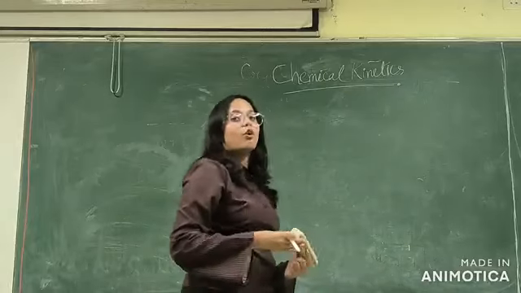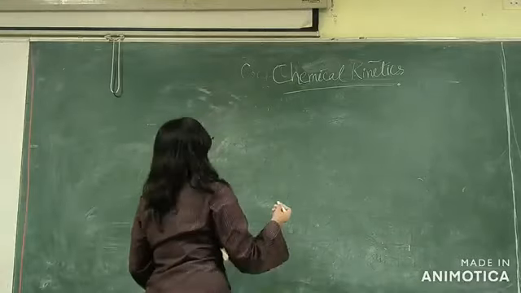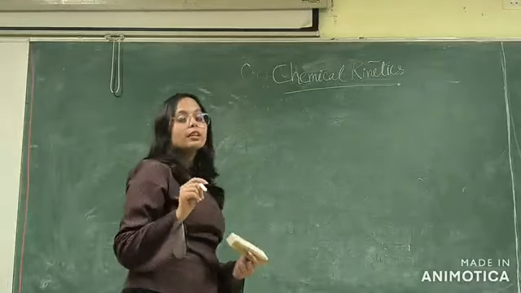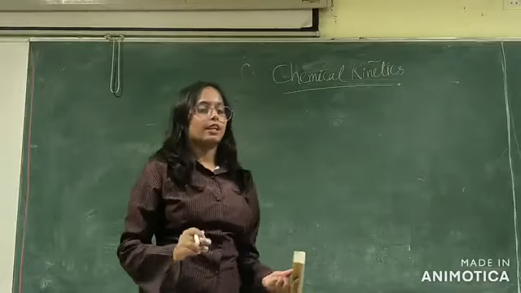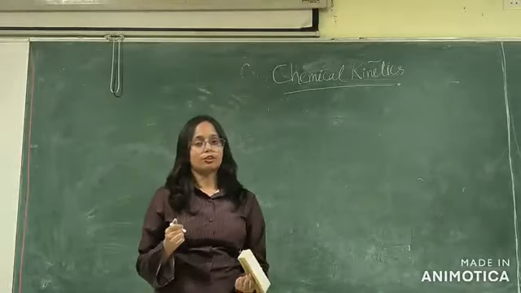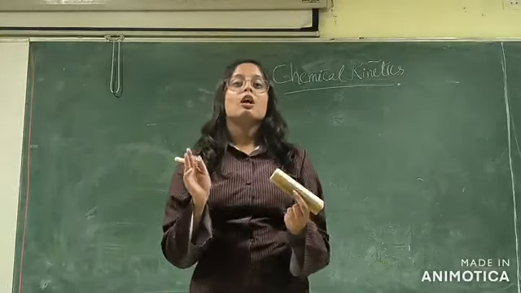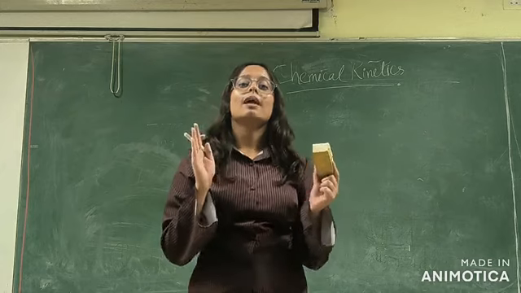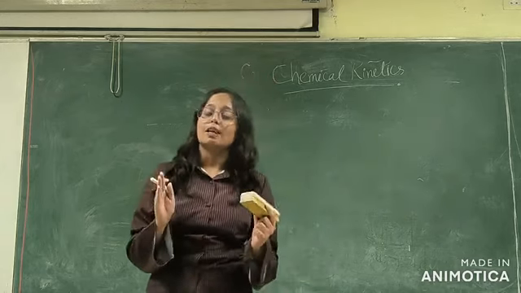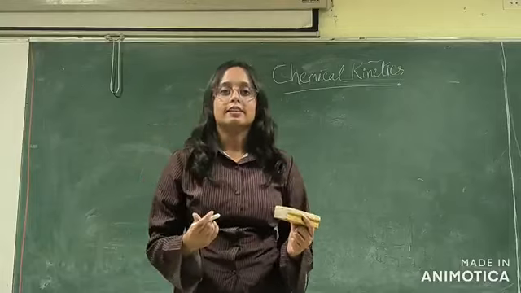Now let us move to different order of reactions. First I want to say that there are different orders of reaction like zero order, first order, second order. Okay, but before quantifying the amount of time, we need to first have some mathematical expression to solve and get the time.